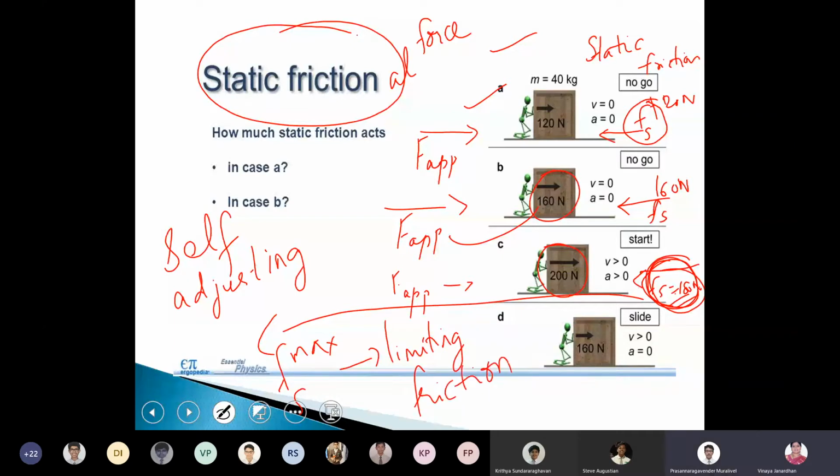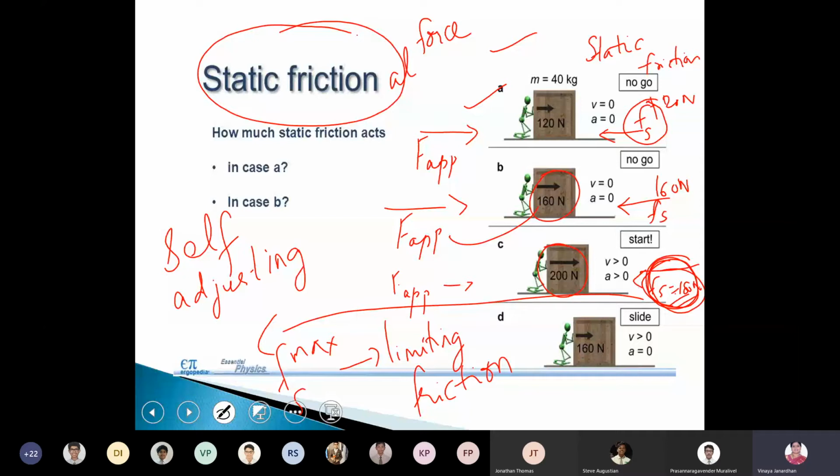Yes, ma'am. Ma'am, at point C, is that friction still static friction, no? This C, 200 Newton and 180 Newton. You're talking about 180 Newton? Yes, ma'am. Is it dynamic or static? No, it is static. Here, the condition is when frictional force becomes equal to 180 Newton, that is the maximum value it can take when your body just begins to move, right?